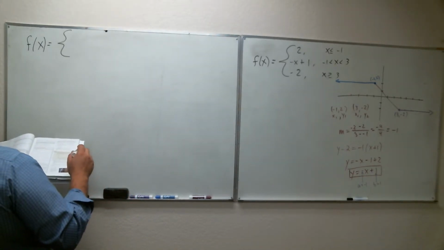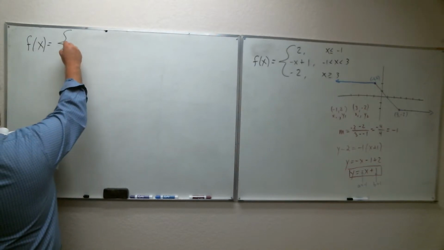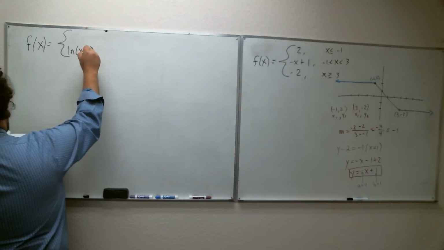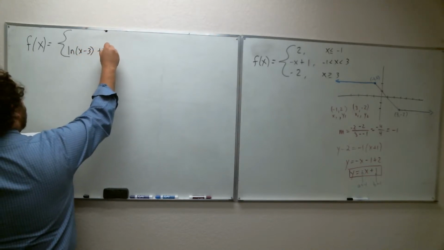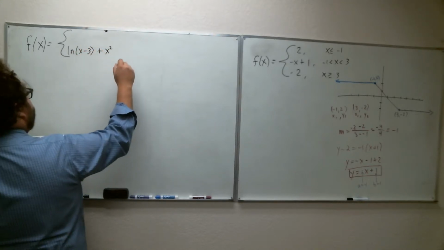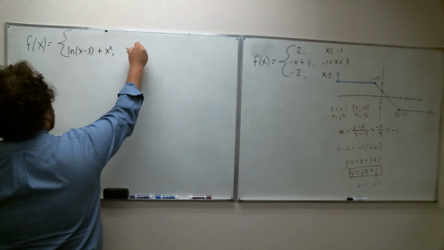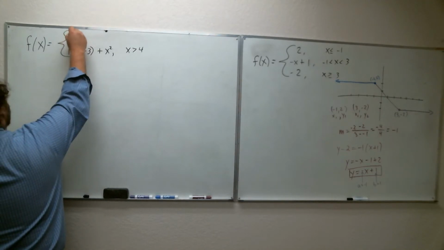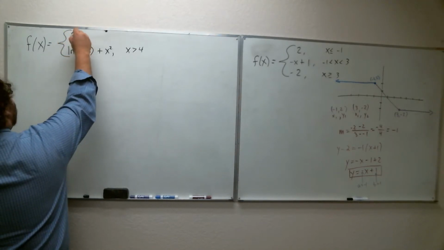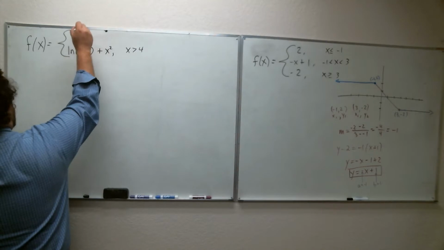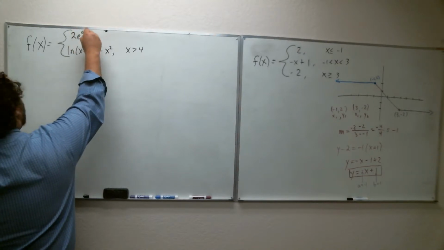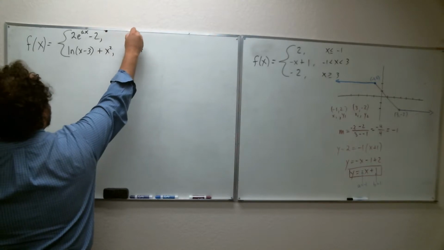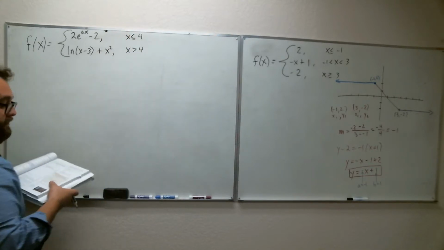We have on the bottom natural log of x minus 3 plus x squared. That's valid when x is greater than 4. And then we have 2 times e to the ax power minus 2. And that's valid when x is less than or equal to 4.